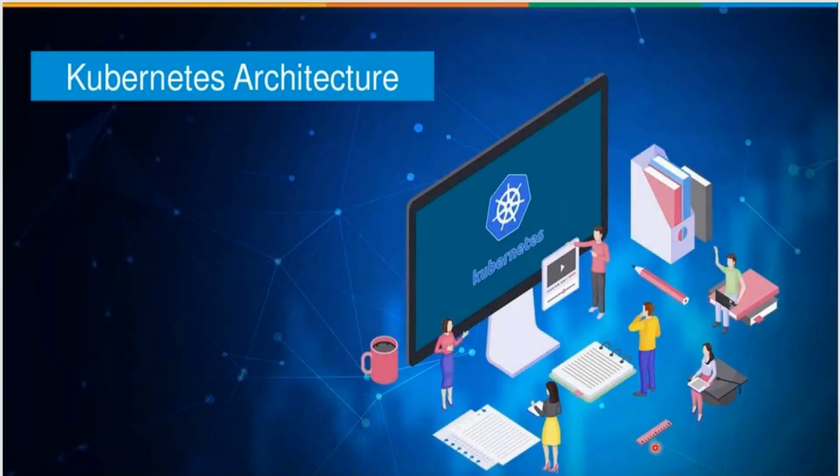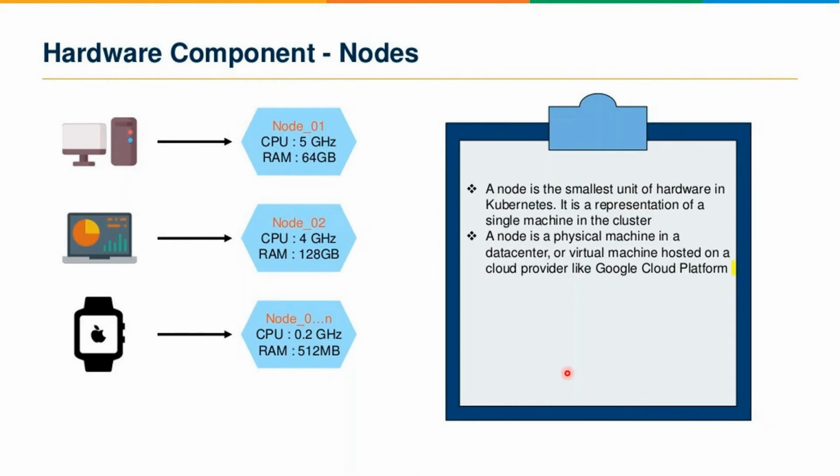Okay. And next one is the architecture of Kubernetes. This is very important. What are the components available in Kubernetes? We'll try to understand. Hardware component, nodes. Basically, what is a node? A node is the smallest unit of hardware in Kubernetes.